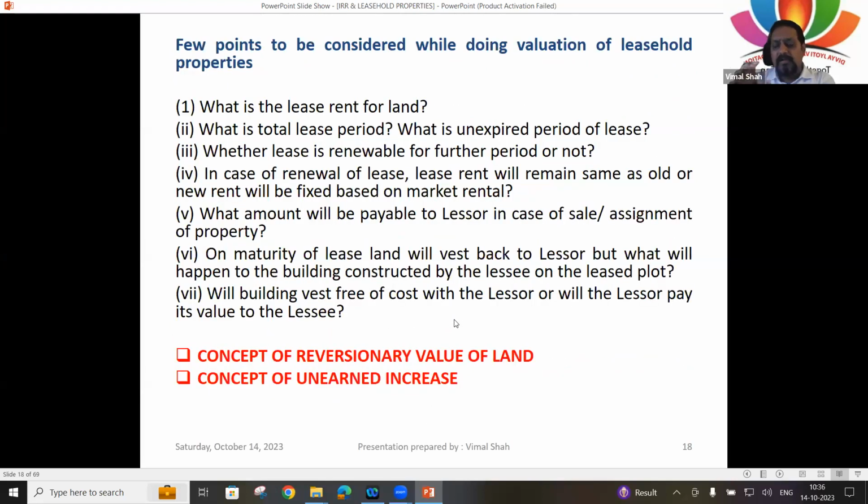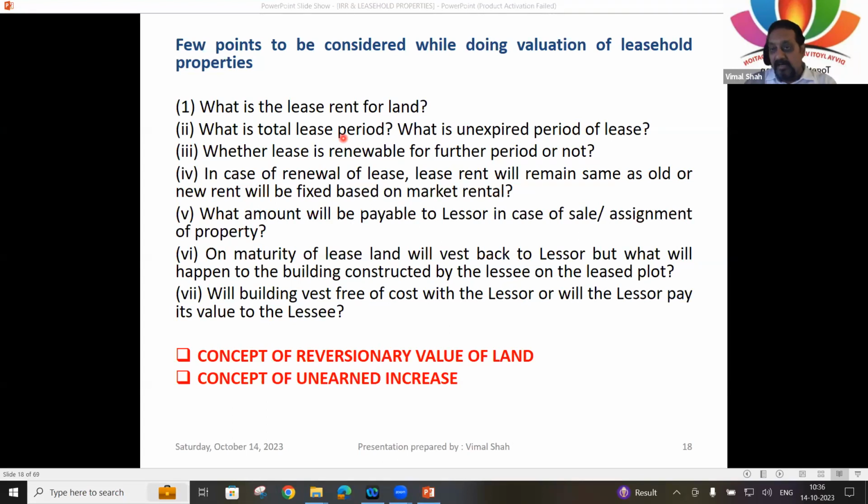Whenever there is any lease agreement, you should consider the following points. What is the lease rent? What is the total period of the lease? What is the unexpired period of the lease? Like Virendra ji was saying that 20 years have already gone and only 10 years remain. Virendra ji will be taking an example for that also.